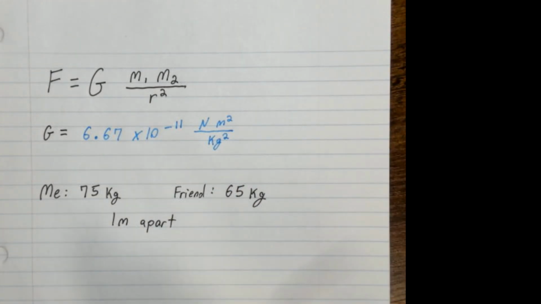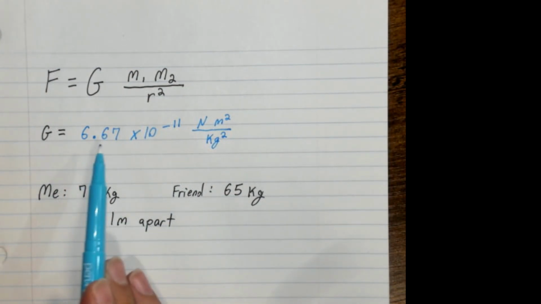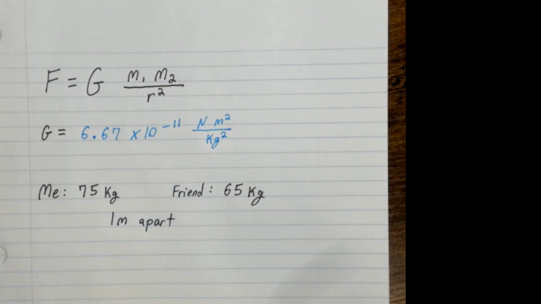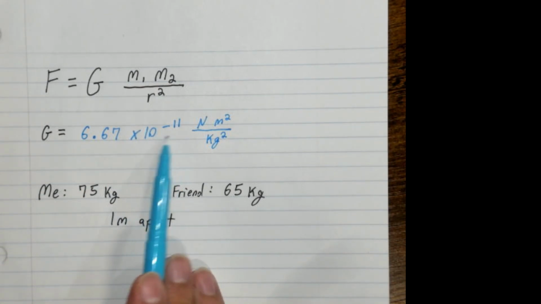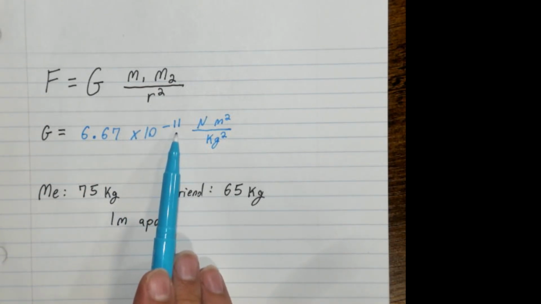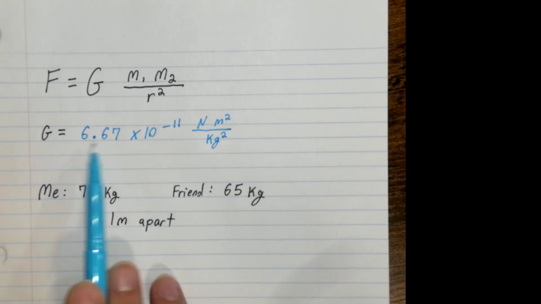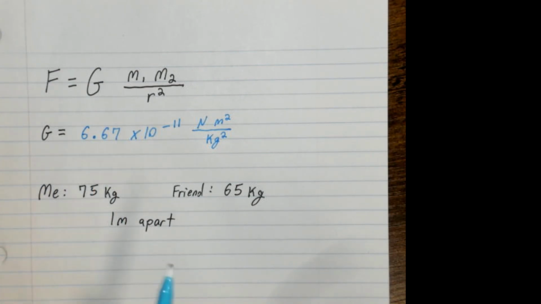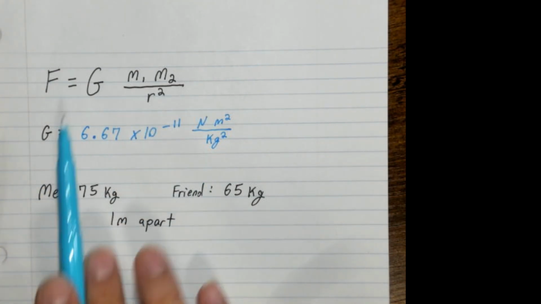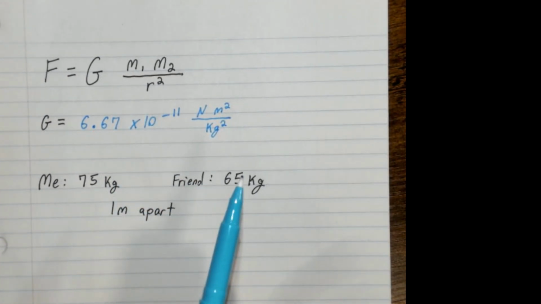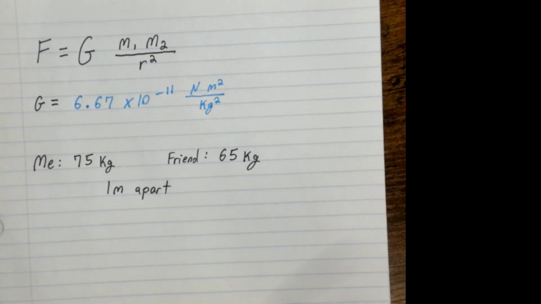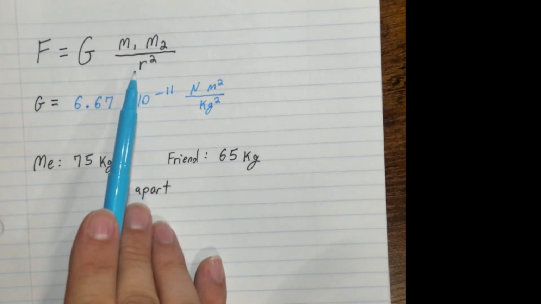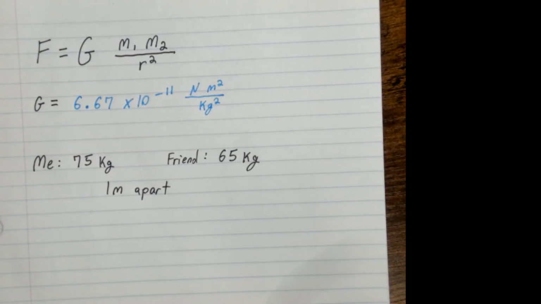Now that looks like a lot, but really all you need to know is the 6.67 times 10 to the negative 11 as far as the number, and that's a very small number if you know your scientific notation. There's a lot of zeros in front of this 6. So that tells you that gravity isn't a particularly strong force on its own. You either need to have a lot of mass or be really close together to feel the force of gravity.